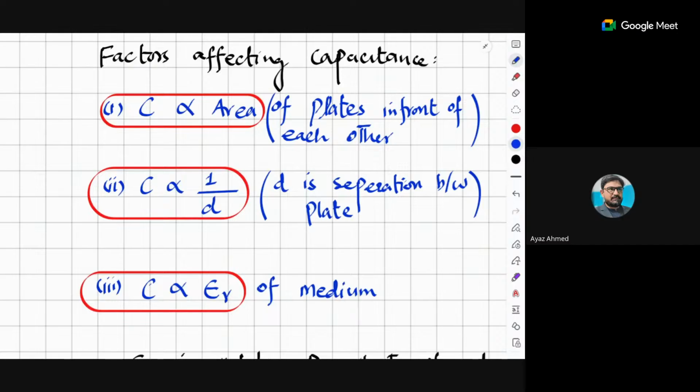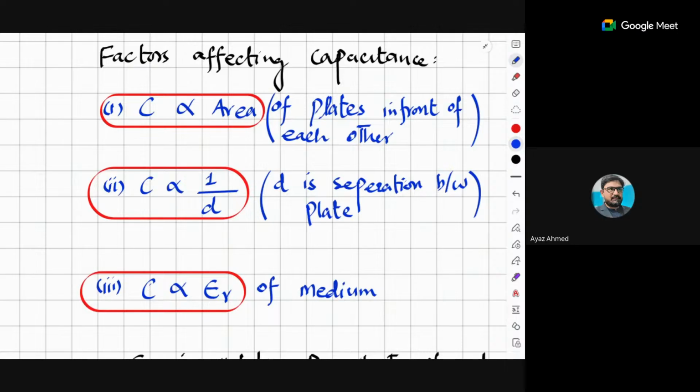If there is more area in front of each other for the plates, there will be more capacitance. And if the plates are separated by more distance, if the separation between the plates is greater, then capacitance will decrease. And the third factor is the nature of the medium, that is, relative permittivity. As I told you, the relative permittivity is one of the factors which tells us the nature of the medium. So these are three factors.